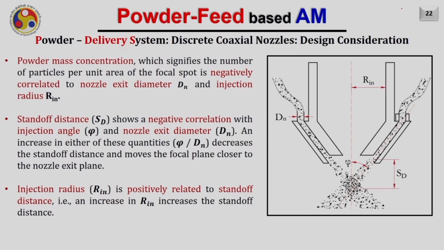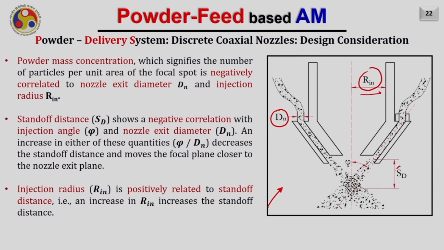What you are seeing here in this diagram is a cross section of the discrete coaxial nozzle. Here, this diameter dn shows the diameter of the exit nozzle, and there are a few nozzles like this around. Also, rin is the injection radius of the nozzle, or in other words may be called the cone radius at this location.